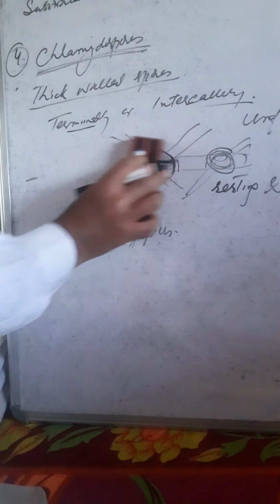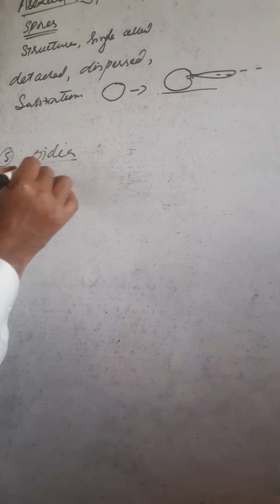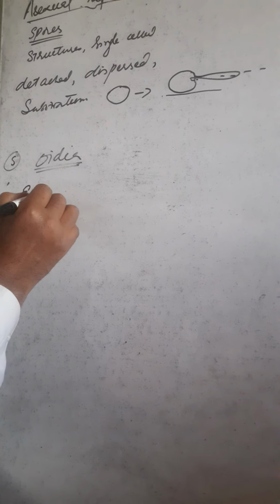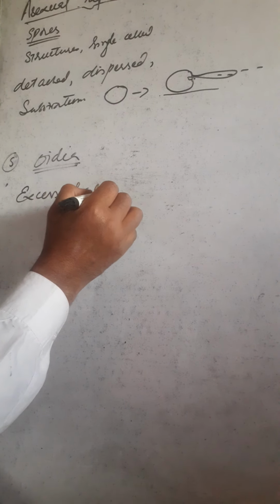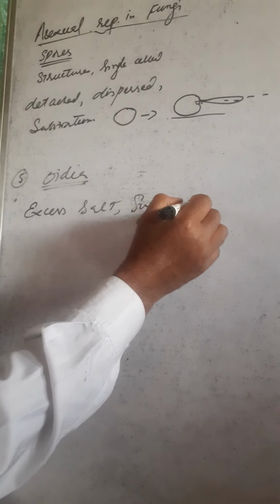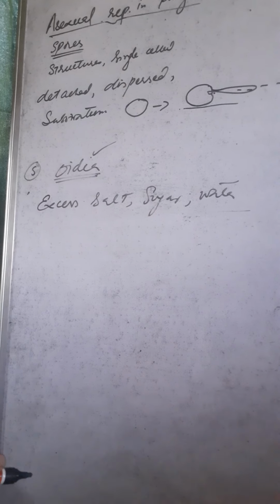Now, the fifth one is the oidia. Under excess salt, sugar, and water conditions, these oidia are formed.